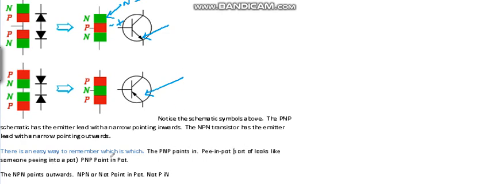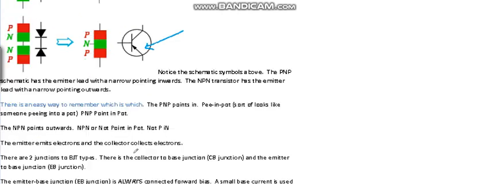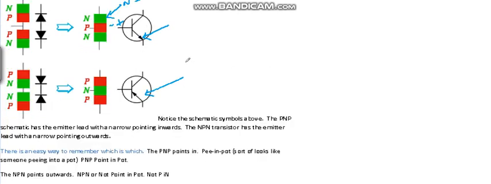And the NPN is not point in, not P in. So a couple of ways to remember that, and it's just a way of identifying the schematic symbols. If you see the arrow pointing in, it's P in pot. This one's not pointing in, NPN, not point in.